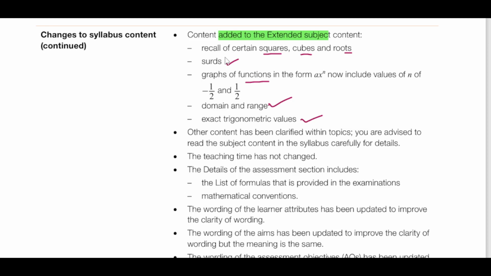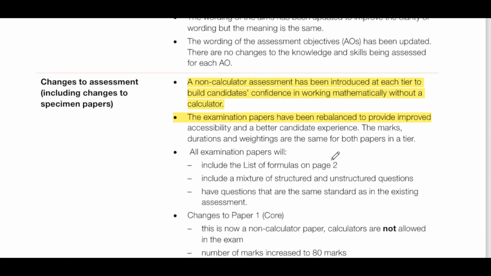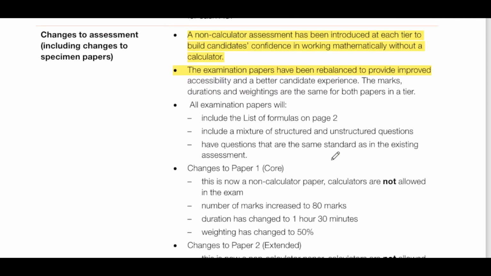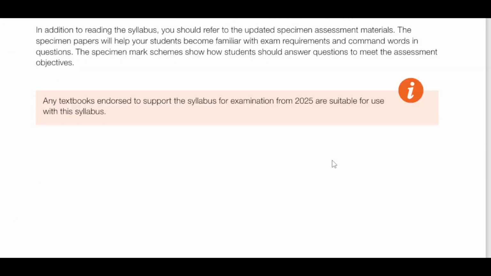Actually these were the requirements for the A level syllabus previously, where students were lacking the previous knowledge that was required. So they have added these things over here. And then the change in non-calculator assessment, as I told you before, they are explaining again that one paper of calculator has been added here. So that's it for the changes here.